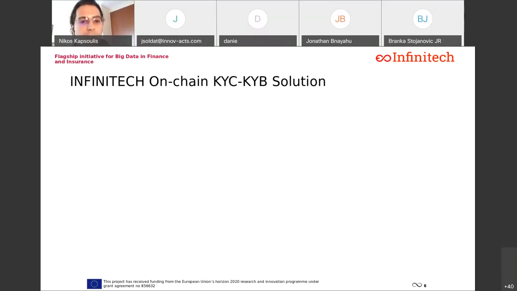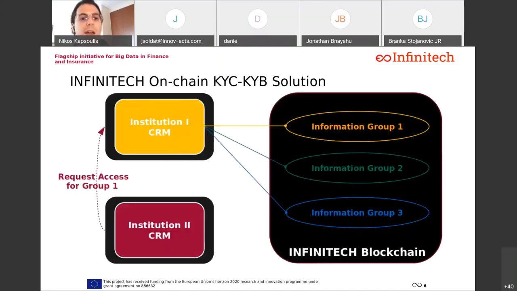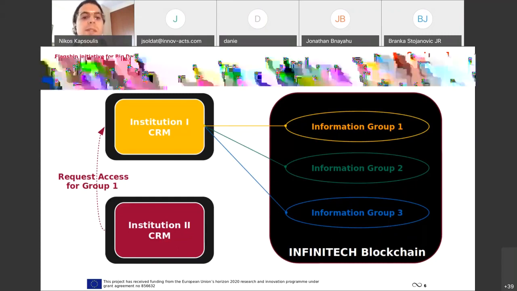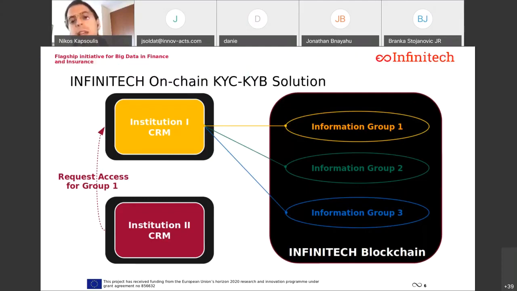Okay. And now we have, as we saw in the video, a simple diagram of our solution, where financial institution 1 has access to several information groups as we have defined, which is data organized inside the blockchain network. And the key functionality here is that institution 2 would like to have access to some of these groups, and they request them from institution 1.